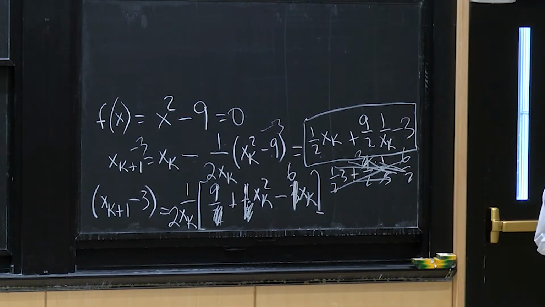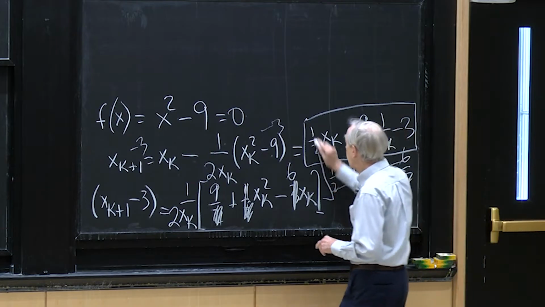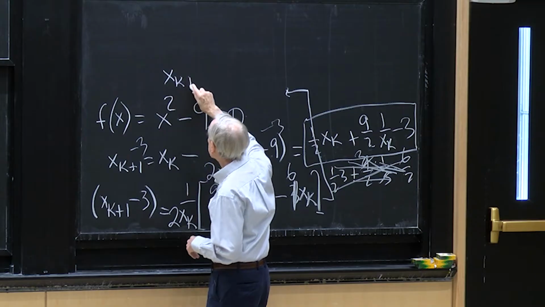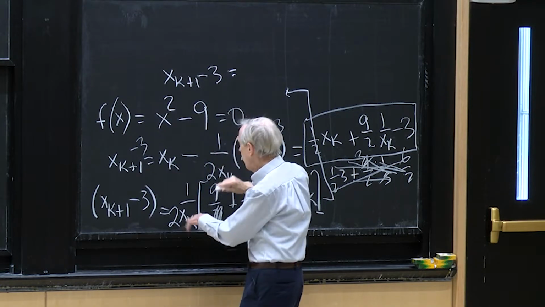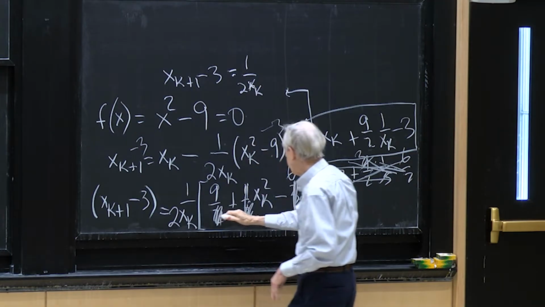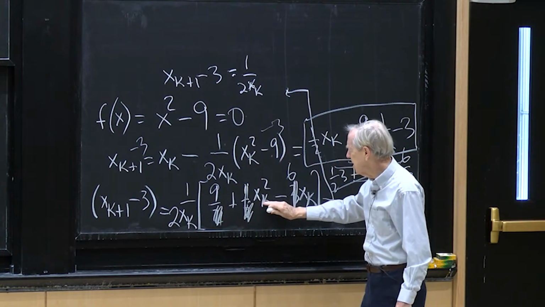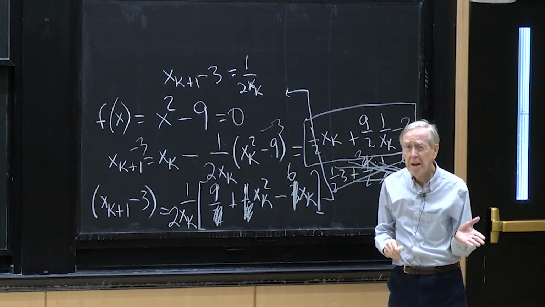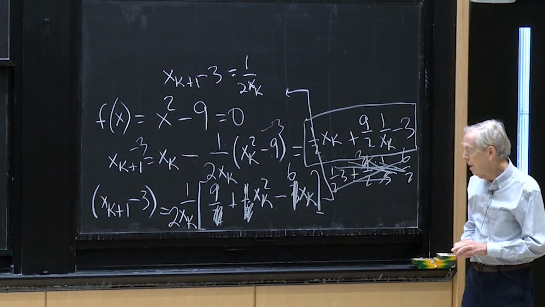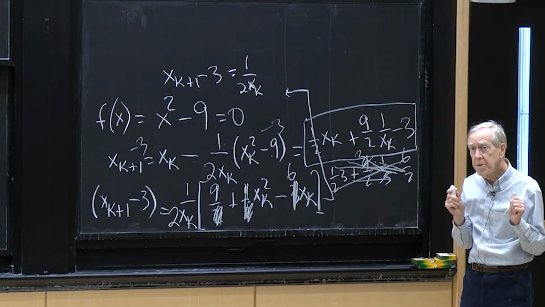Anything good about that? We hope so. We hope that that is something attractive. So this is the error at step k plus 1. And it's 1 over 2xk times this thing in brackets, 9 plus xk squared minus 6xk, and we recognize that as xk minus 3 squared.